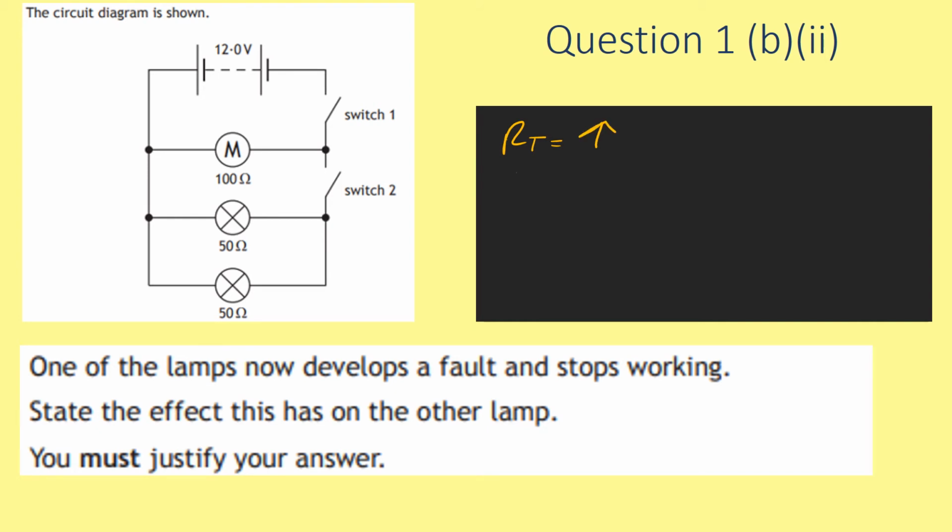If the total resistance goes up, that means the current is going to go down. And if the current goes down, that means the brightness of the lamps is also going to go down. Now, when we're thinking about practice questions like that, it's absolutely fine to use the arrow notation and bullet points. But the SQA doesn't like bullet points. They would be expecting you to write in sentences.